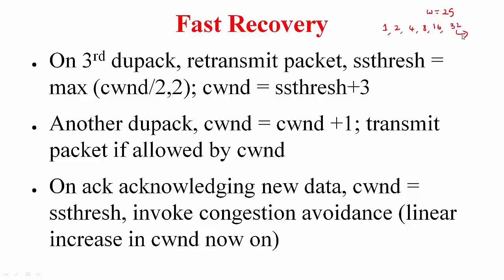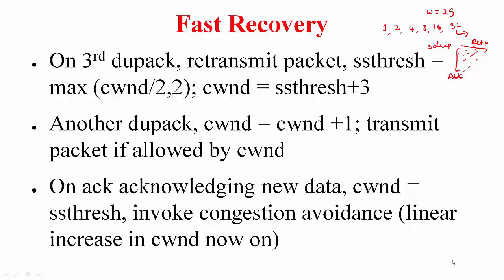You detect the congestion through the duplicate acknowledgements, and then after 3 duplicate acknowledgements, you are going to retransmit the particular packet and you're going to wait for an acknowledgement. So this ack will come after some time. Now during this time, you will still be receiving more dupacks.